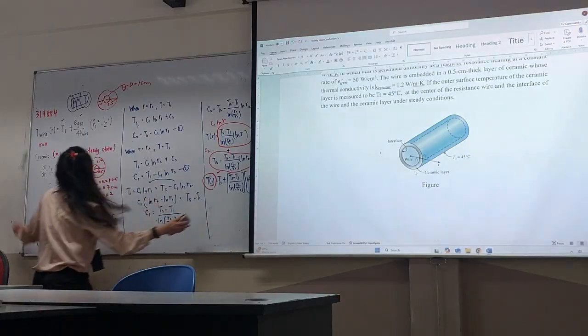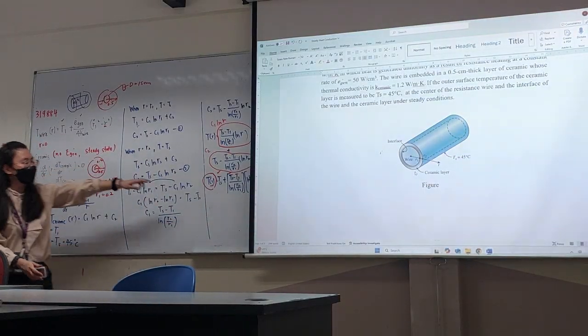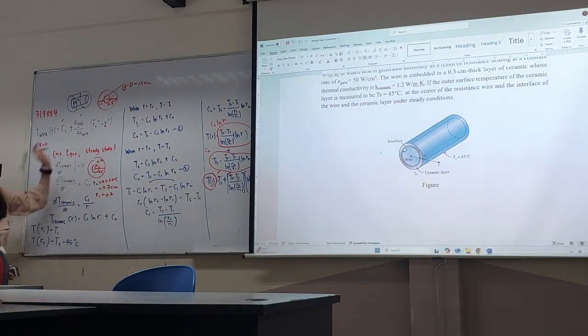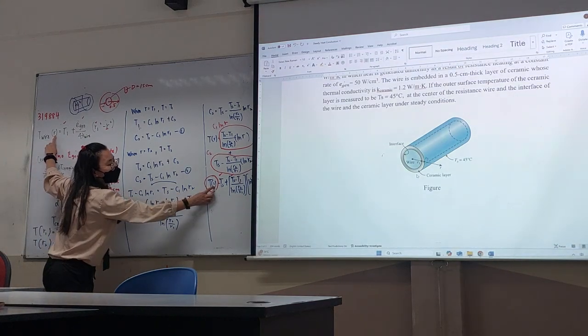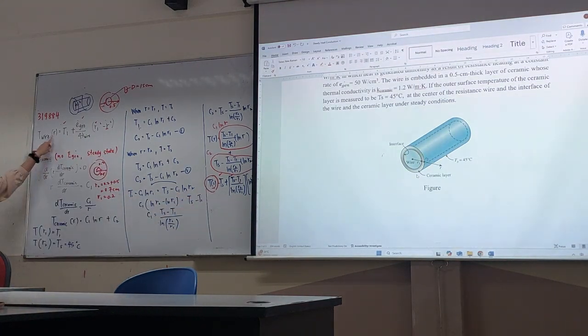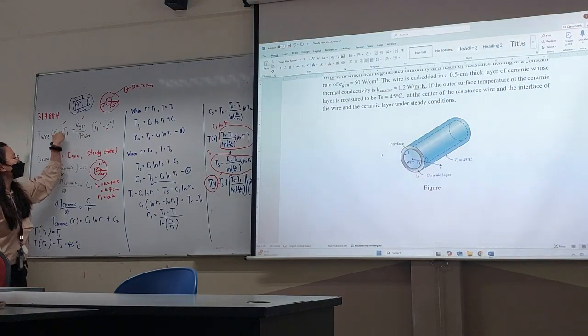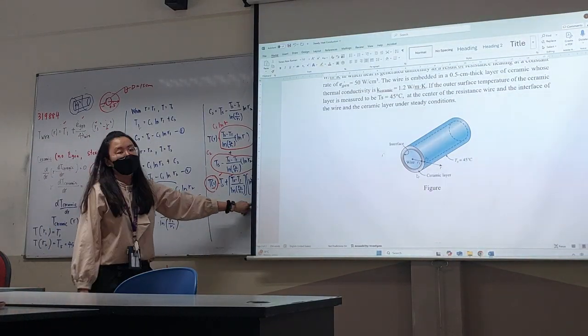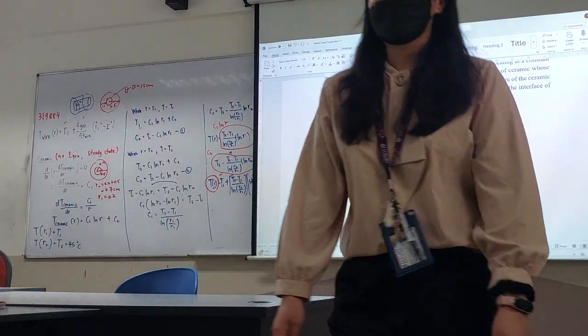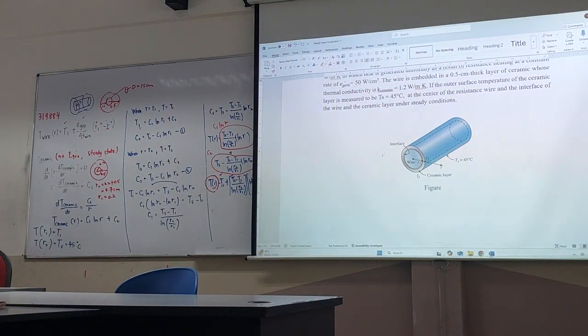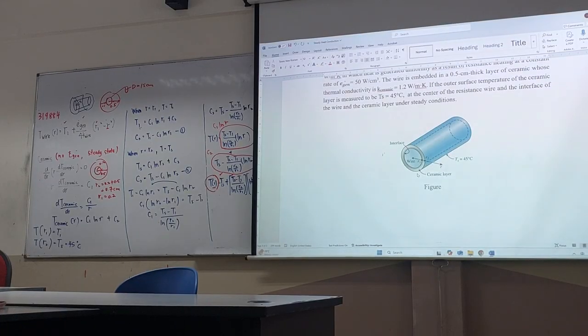No choice, then you use the equal: you set these two equations equal, because the temperature at R1 here equals the temperature at R1 here. So this equals this. So this is 0. I thought it's the same. Same? 0? Try it.